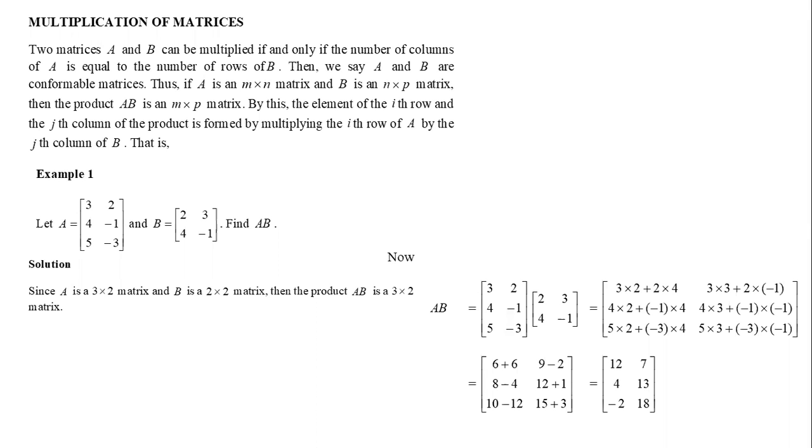Now, let's continue. We want to look at the properties of multiplication of matrices now. The first property is the commutative property. If you have matrix A multiplying by B and matrix B multiplying by A, it is not commutative.